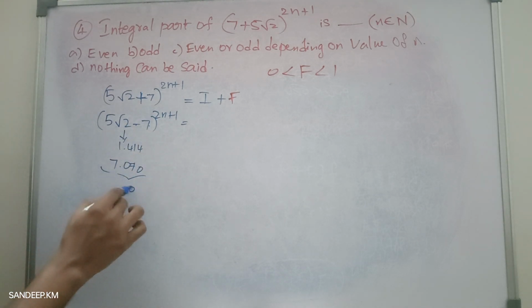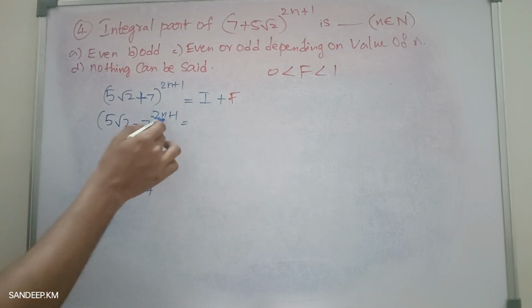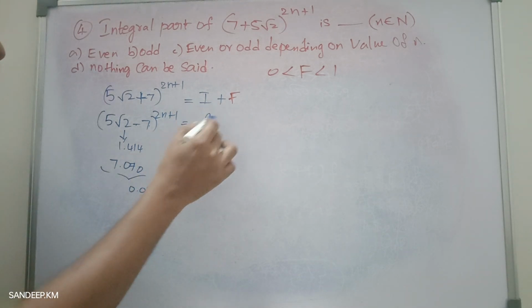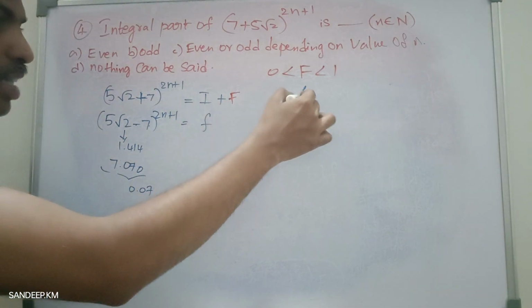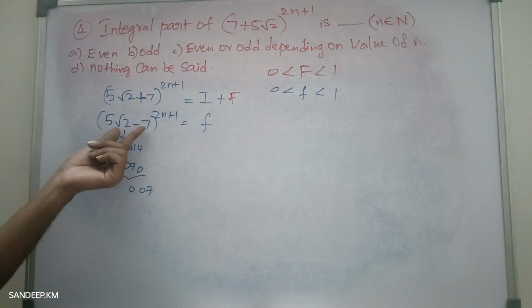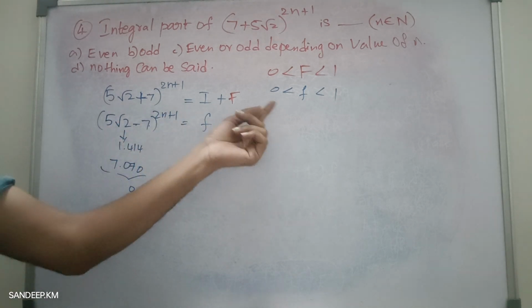This value will be 0.07. It is a proper fraction. 0.07 whole power 2n plus 1, where n is an integer, is also a proper fraction. Let it be small f, where small f is also between 0 and 1. You should understand that this value is 0.07 approximately, whose power is 2n plus 1, which is also some fraction between 0 and 1.